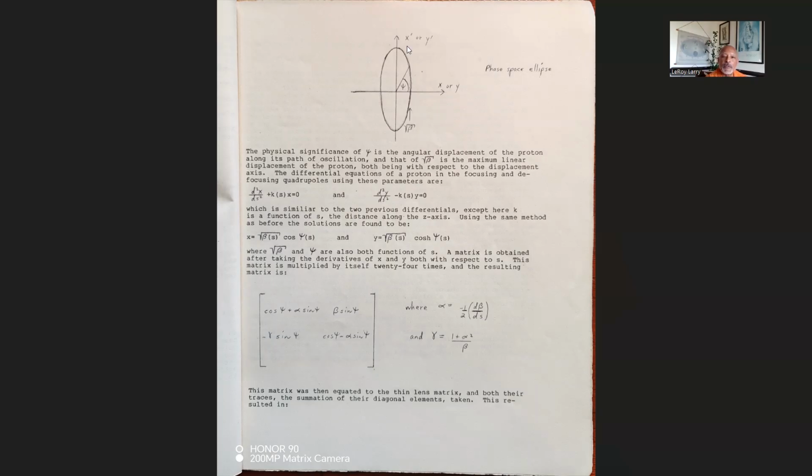And on this phase space ellipse, phi is the angular displacement. If this is where the proton is, that's its angular displacement, phi. And this is the amplitude, square root of beta, from that central z trajectory out to where it is along the axis.